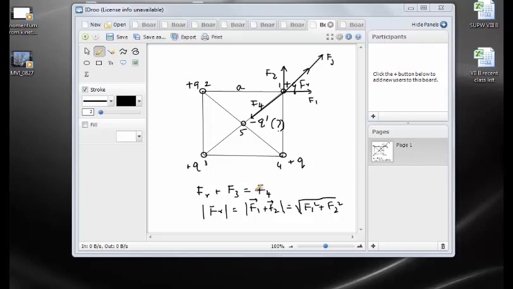It is much more convenient to solve this equation without the sign, and afterwards we can put the sign if it is required. The force Fr has to be found by the vector sum of F1 and F2, the magnitude of which is the square root of the square of F1 plus the square of F2.